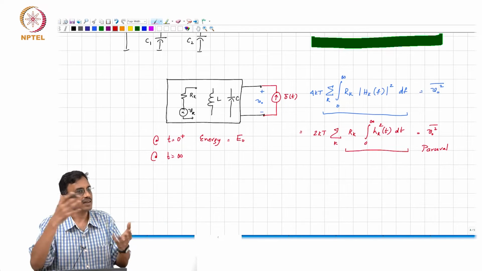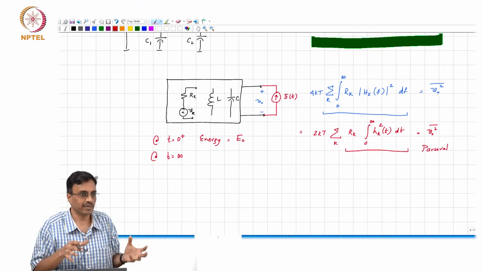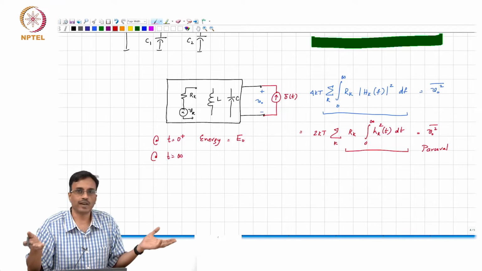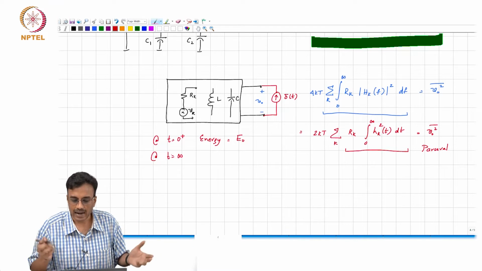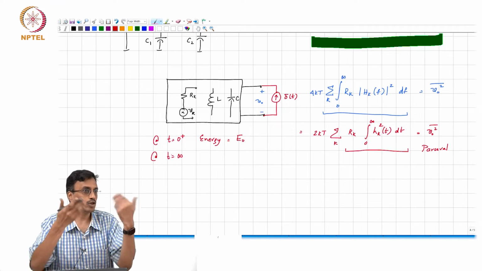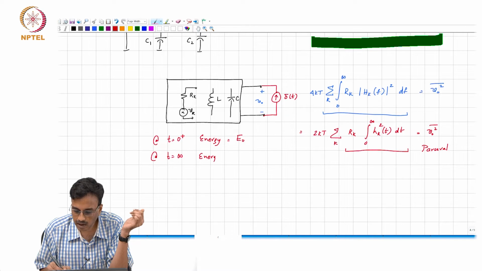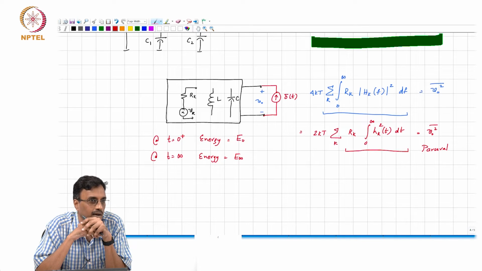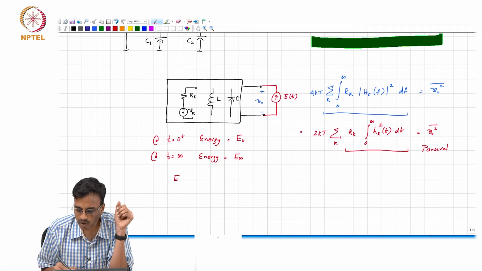Then the network does its thing and these capacitor voltages redistribute themselves. It is entirely possible, as you pointed out, that the capacitors all get discharged, but at any rate, at t equal to infinity, there is some energy left in the network. That energy could be 0. So, let us call that energy at infinity E infinity. Does it make sense? All right. So, what comment can we make about E0 minus E infinity?